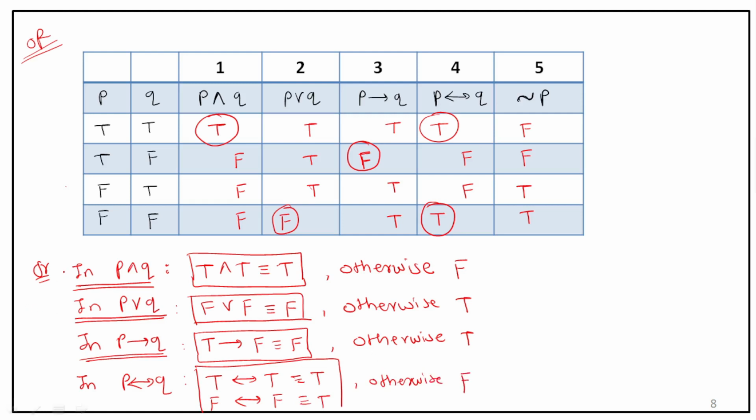Now this is the and, or, if then, if and only if, and last, negation of P: negation of T, that is the F, and negation of F, that is the T. Now these are the important truth tables.